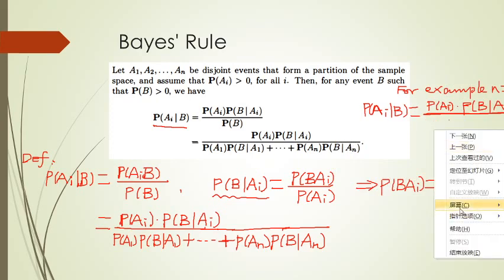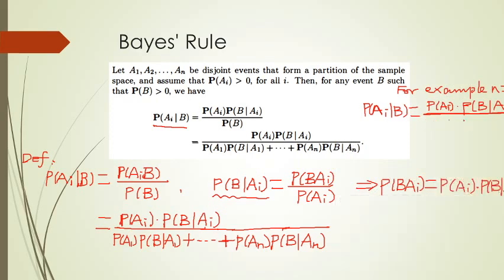Let me expand it again. It's a little confusing when we add the Bayes rule, so try to figure it out. Let's keep the top, and we understand how we get the conditional probability: we just rewrite the probability of AI intersect B. And what is the probability of event B?